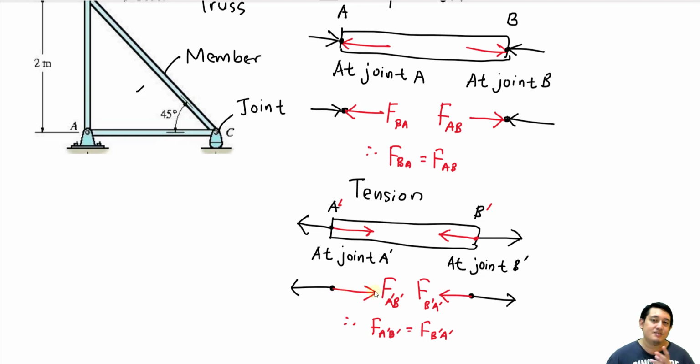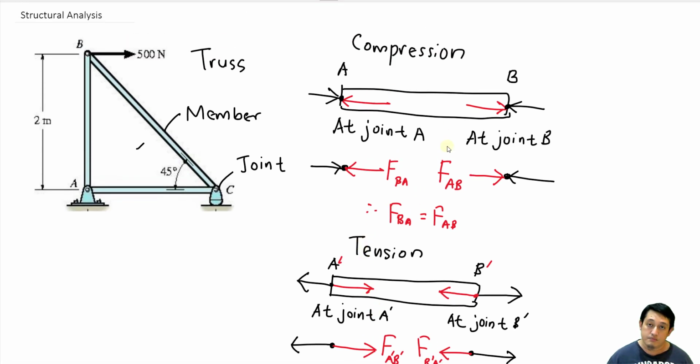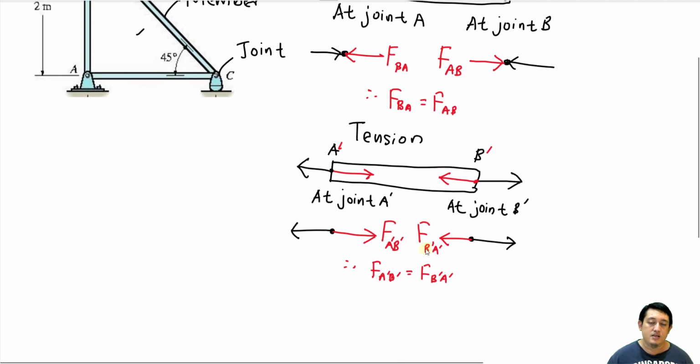That is the main difference between compression and tension. This is the basic of structural analysis. After this, you will need to calculate the force inside the member, and determine whether it is in compression or in tension.